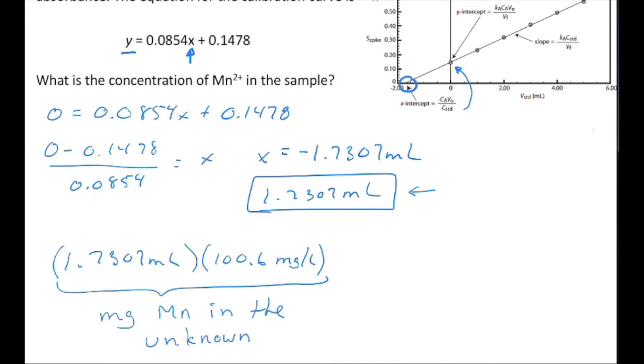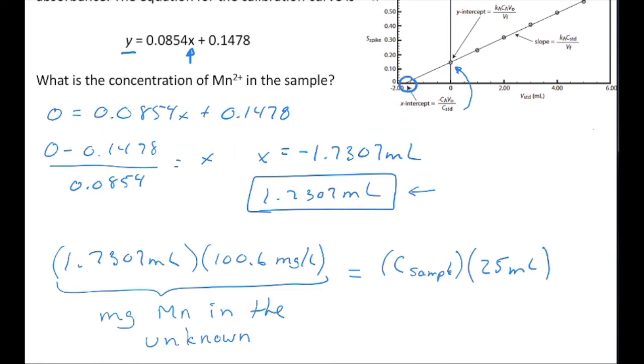Now if we continue our CoVo equals CdVd calculation, on the right hand side of the equation we're going to want to solve for the concentration of the sample. And the volume of the sample in this case was 25 milliliters. Right?